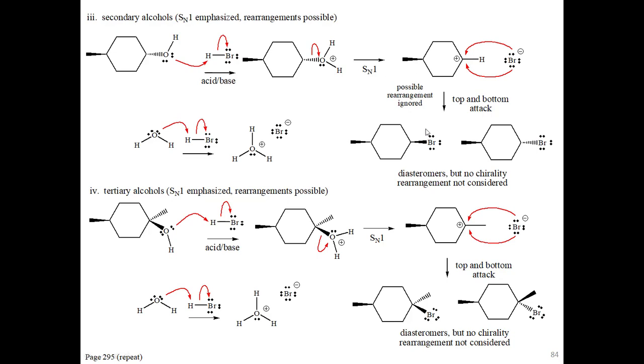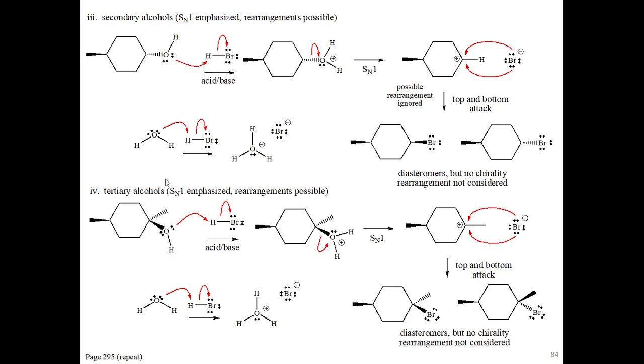But with the methyl here, if I add from the top, it's going to be different than if I add from the bottom, because this is cis and this is trans. Now I do not have any chiral centers. Kind of looks like it because I drew in wedges and dashes, but in fact, the path around here is equal to the path around here. And so this is achiral, but they're still different stereoisomers, so these are diastereomers, okay, but no chirality.